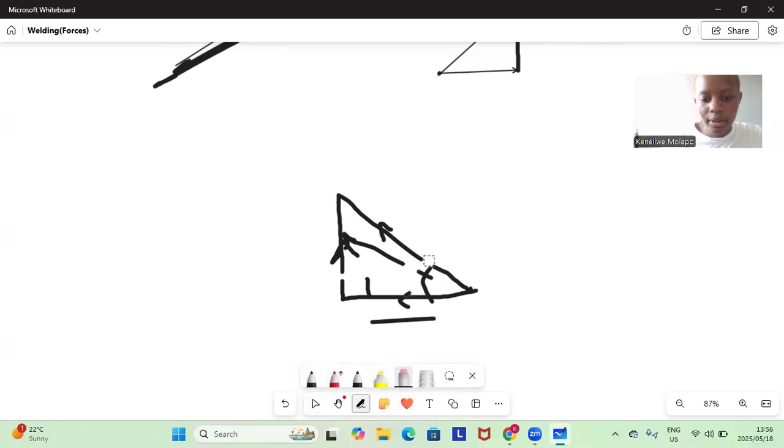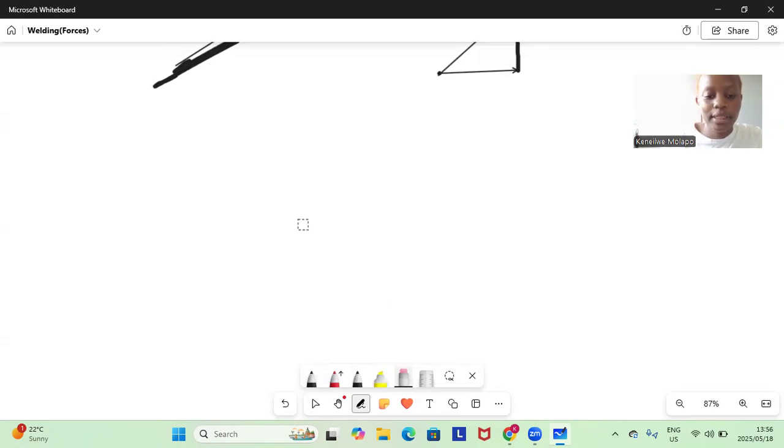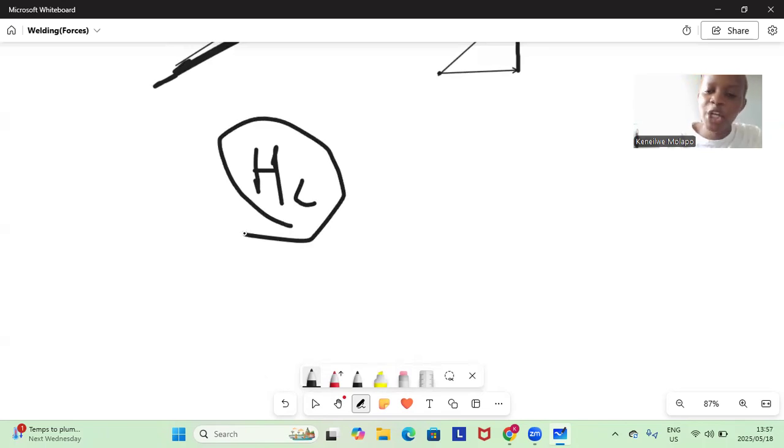For triangle of forces, you have to know the formula for your horizontal components. To get your horizontal components, if you have two triangles on a Cartesian plane, you have to calculate all the horizontal components.